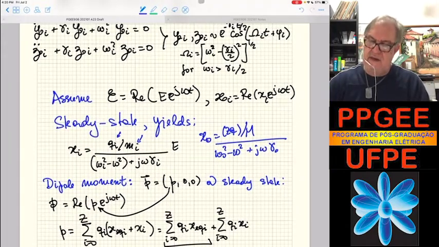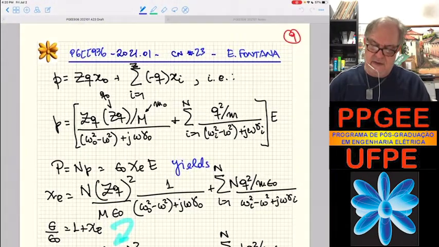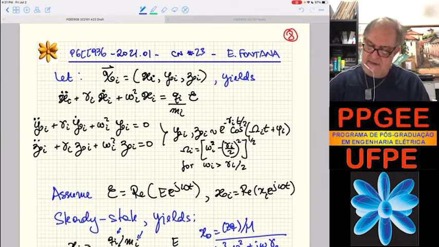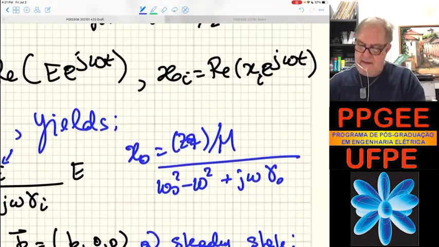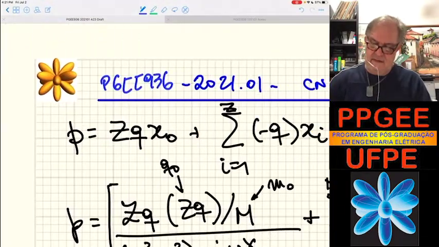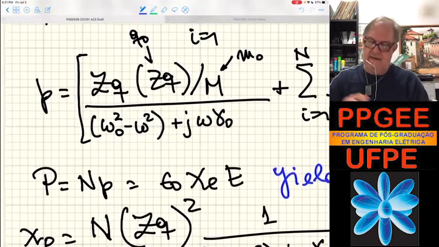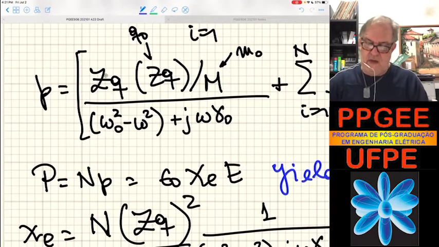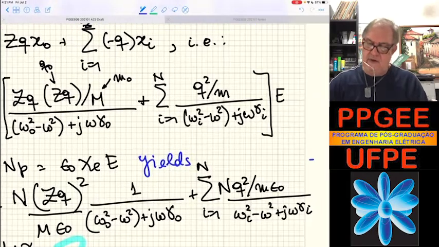That's x0 here. Just to show you, that's going to be Zq times Zq here, so that's why we have Z q squared here. That's the contribution of the nucleus and the contribution of the electrons.